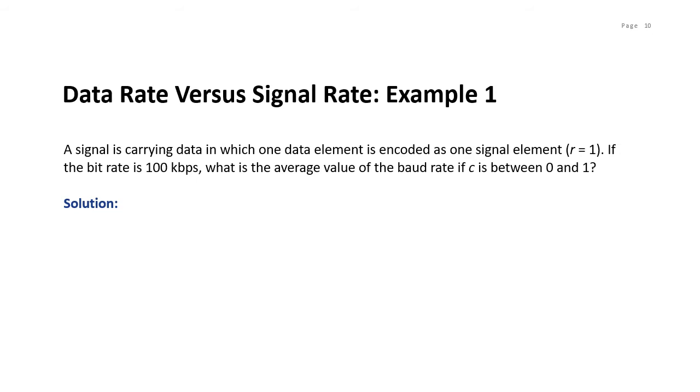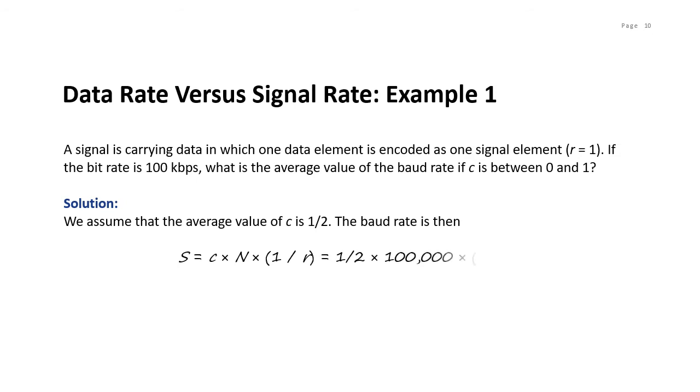Okay, we can assume that C is 1/2, and we can calculate the baud rate using the previous equation as C times N times 1 over R. We have C as 1/2, N as 100 kilobits per second, and the ratio is 1, so 1/1, and we get 50,000 or 50 kilobaud.